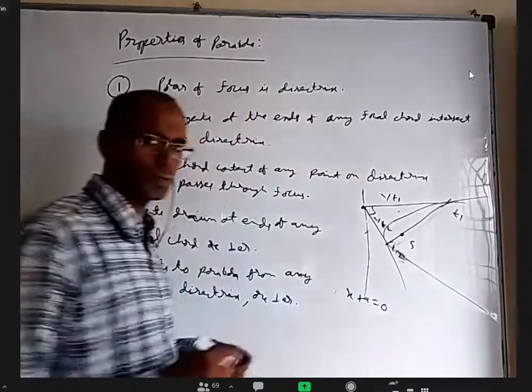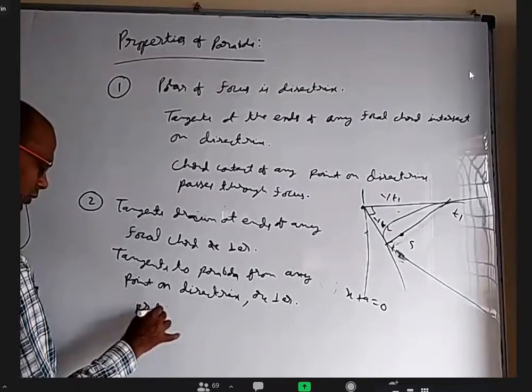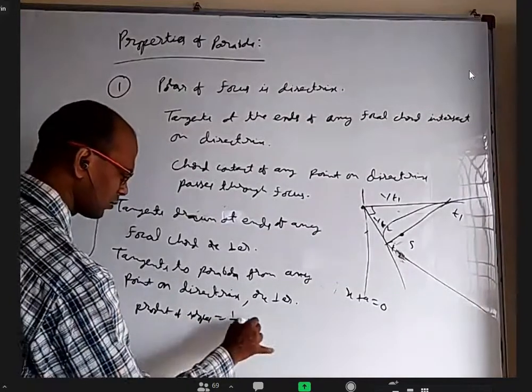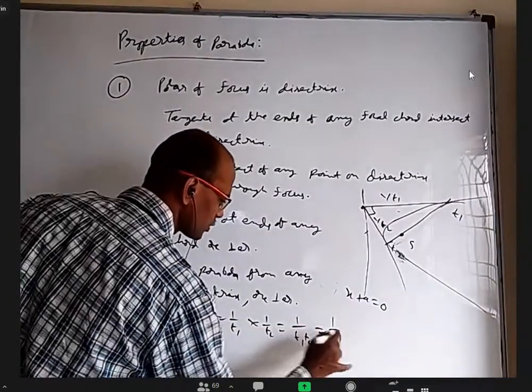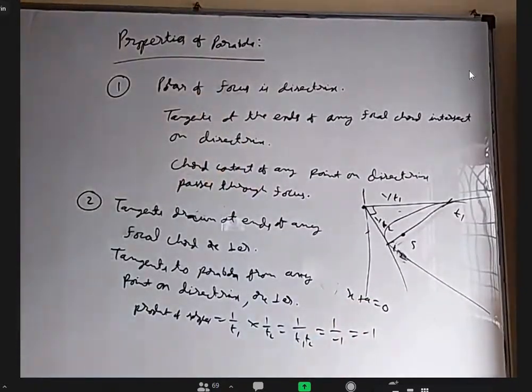The product of the slopes is 1/t1 into 1/t2, which is 1/(t1t2). But t1t2 is −1 because it is a focal chord, so you get −1. That is the explanation.